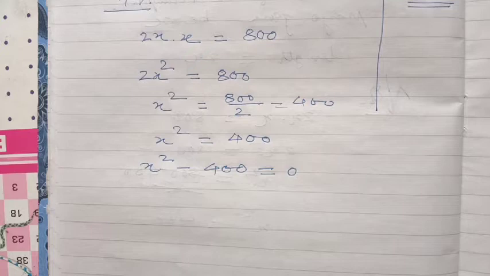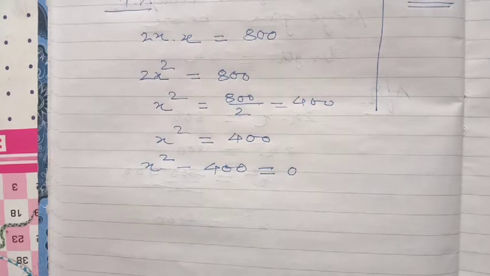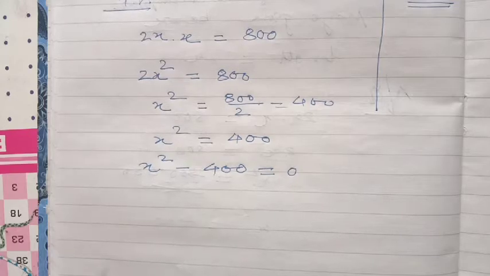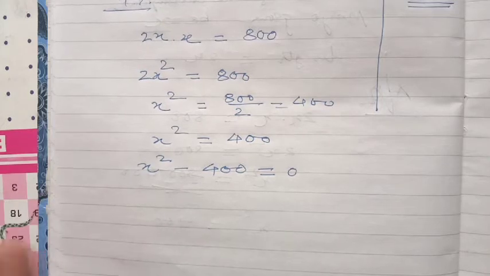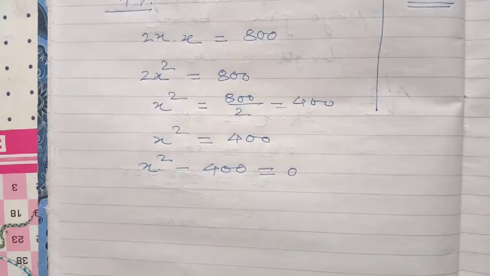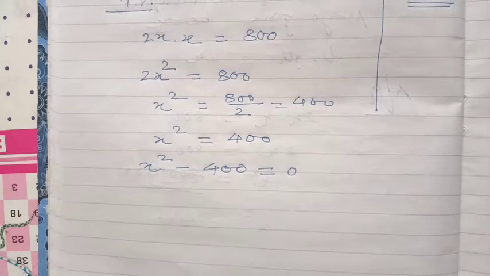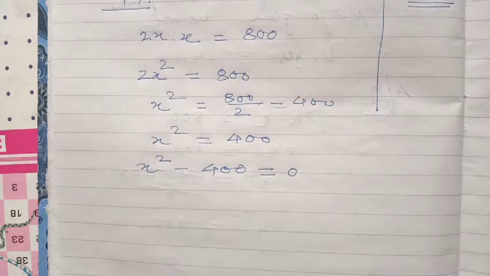Now the time has come to decide whether the situation is possible or not. First we should get the discriminant. If the value of the discriminant is greater than 0 or equal to 0, then the roots exist. If the value of the discriminant is less than 0, meaning it is negative, then roots do not exist, and if roots do not exist, the given situation will not be possible.